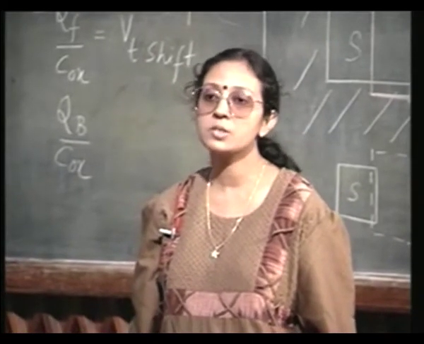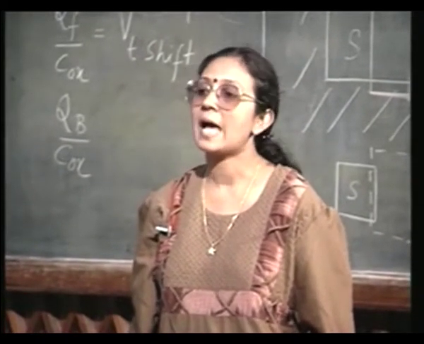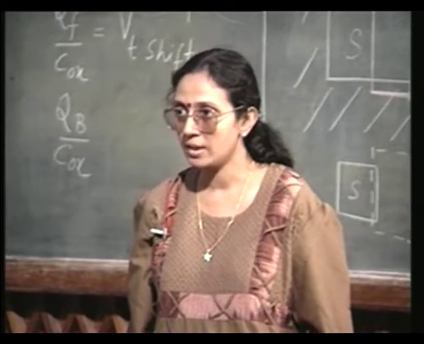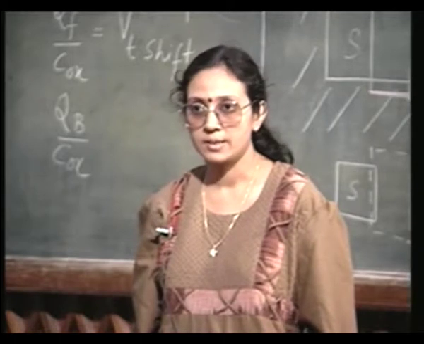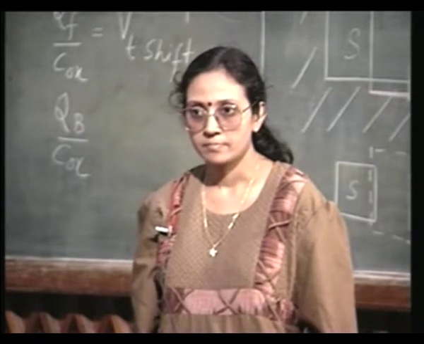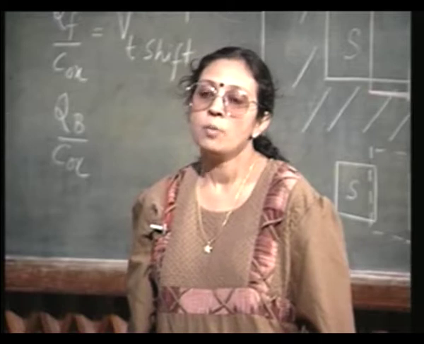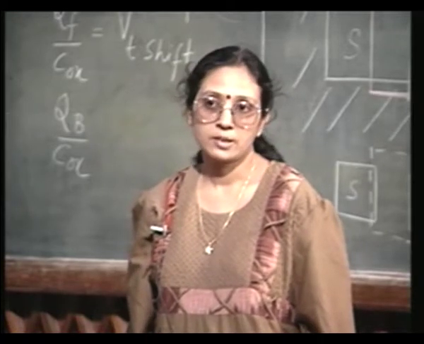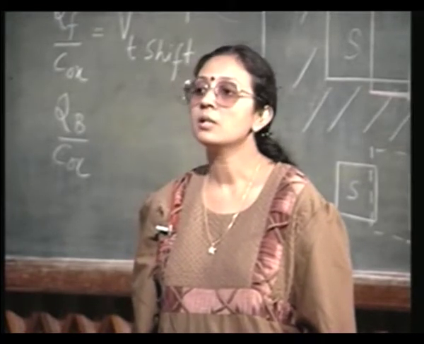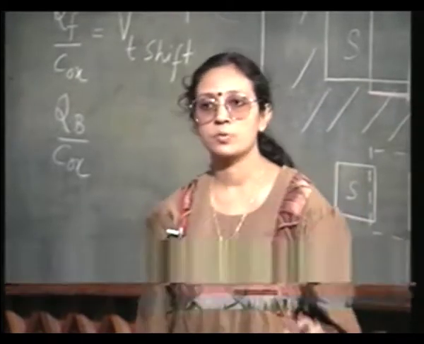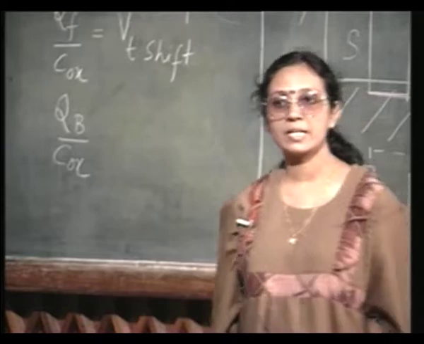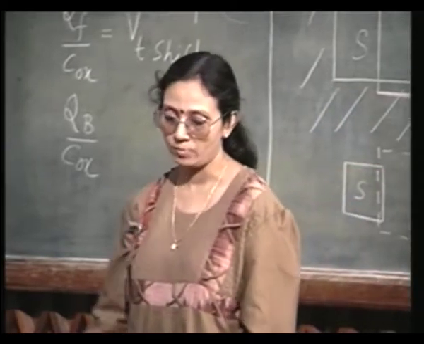I must use a material which can withstand high temperature and at the same time have low resistivity. Polysilicon, doped polysilicon answered to the description. So, from metal gate NMOS process, we came to self-aligned polysilicon gate NMOS process.